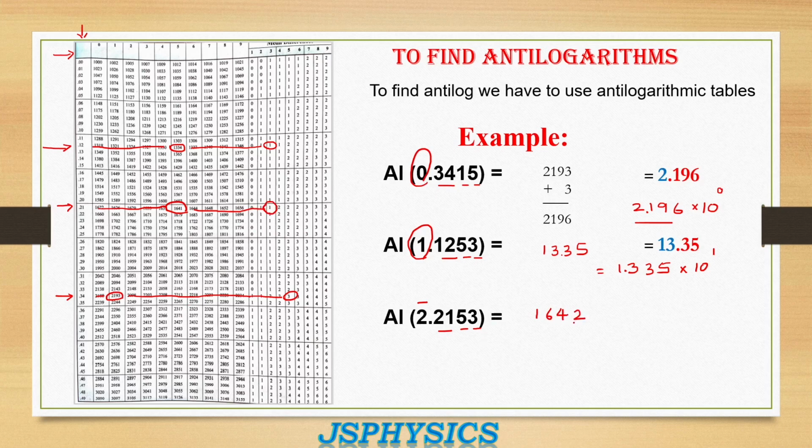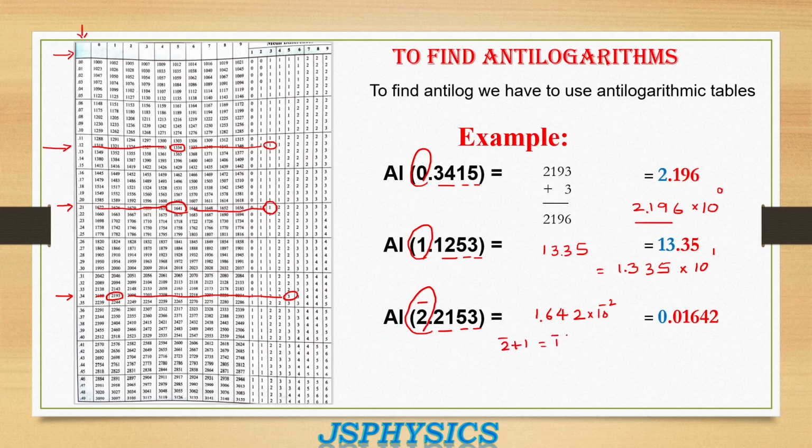Now where to place the decimal point? So there are two methods again. You place the decimal point after 1 digit and then take the characteristic as a power of 10, 10 raised to minus 2. Or the other method is this. Whatever number you are getting here, add 1 to that. So bar 2 plus 1, that gives you bar 1.